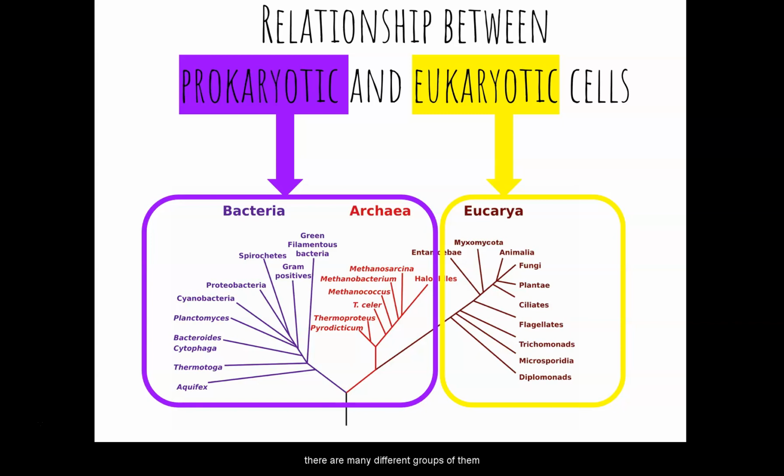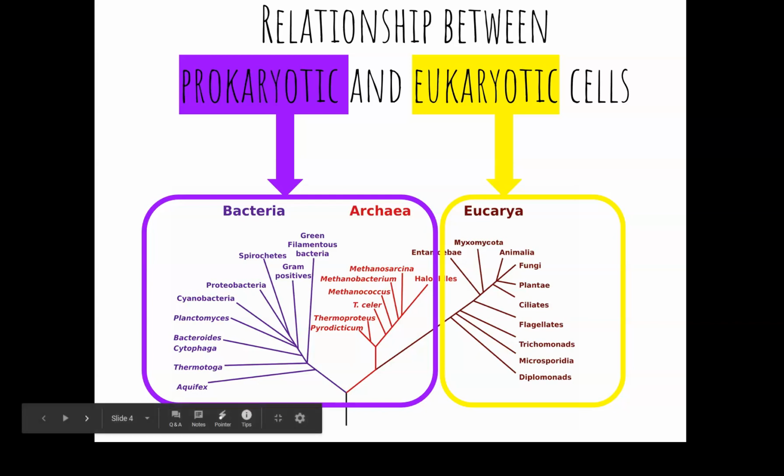The first group is the bacteria, and there are many different groups of bacteria. The next group are called the archaeans, and from the archaeans we end up with the eukarya or the eukaryotic cells. And you'll notice if you look at eukarya, there are some groups that you might be familiar with. Animalia, the animals, fungi, plantae. These are things that we'll talk about more later this semester.